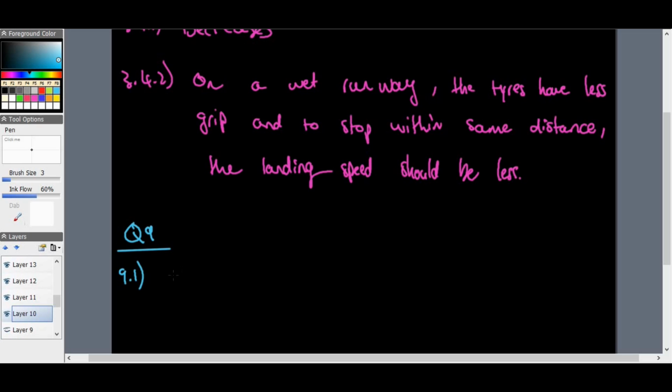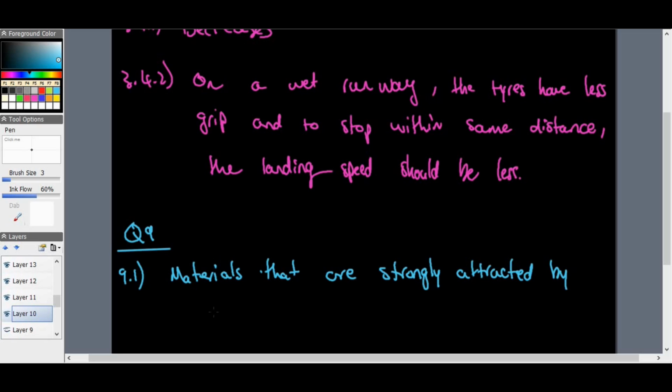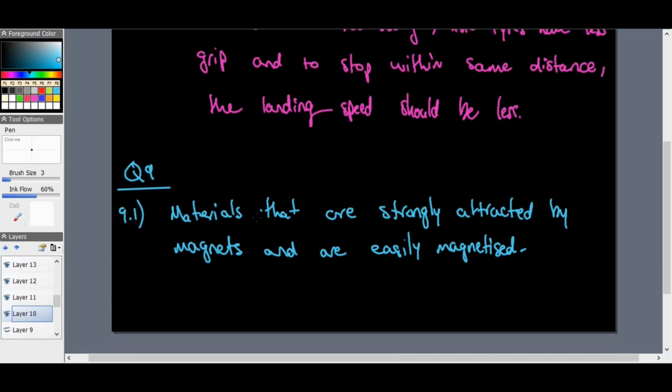Ferromagnetic materials: first of all, they are materials that are strongly attracted by magnets and are easily magnetized. Okay, how much space do we have left on this one? I think we can still fit some of 9.2 here.